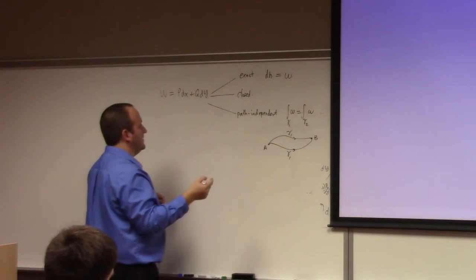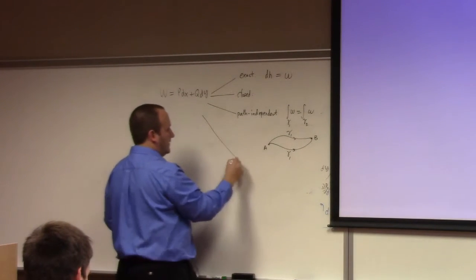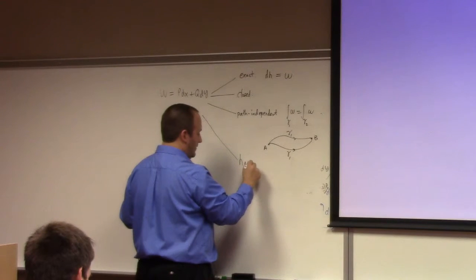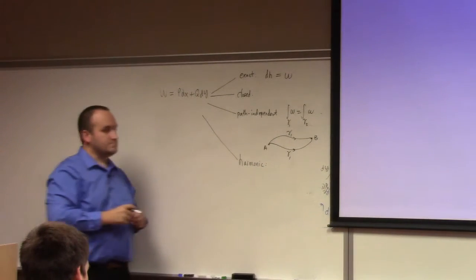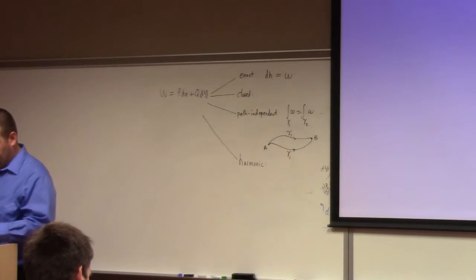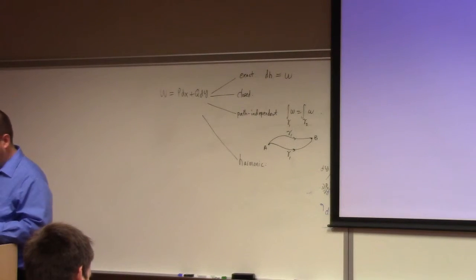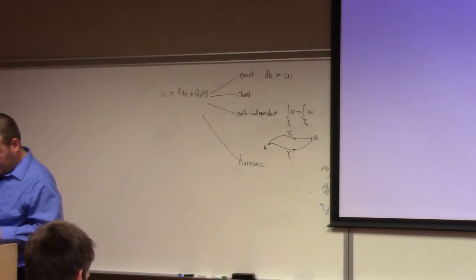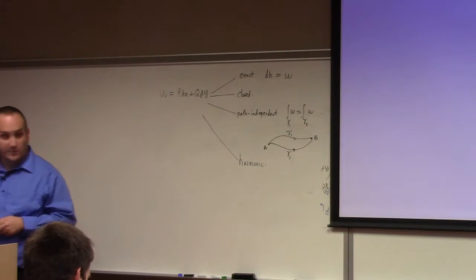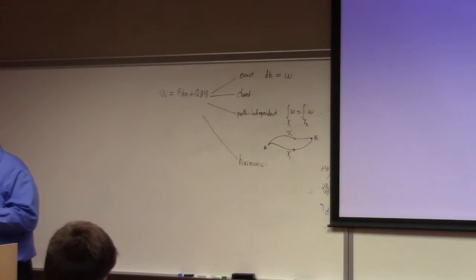Closed, exact, path independent. What's the other one? Harmonic. And so what we're actually trying to do here, believe it or not, is to understand the connection between these different animals.